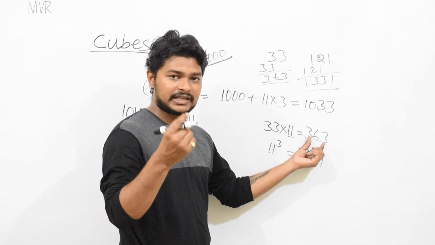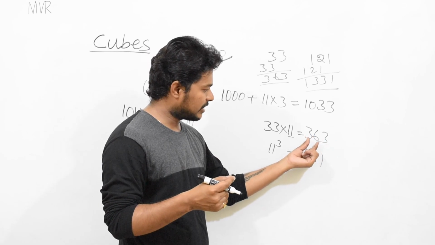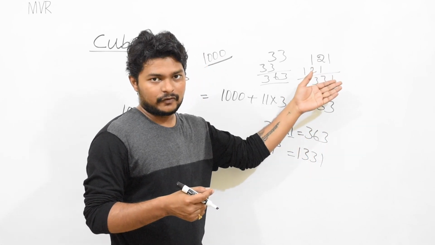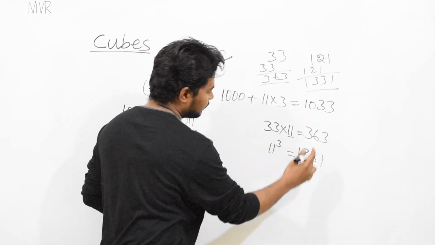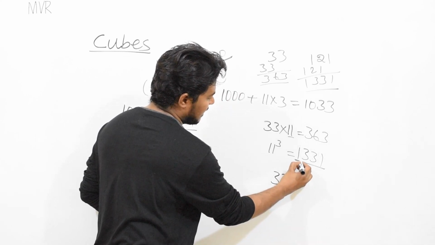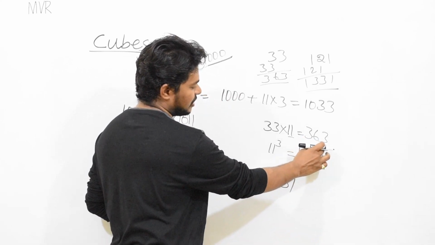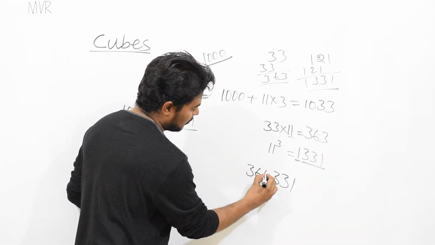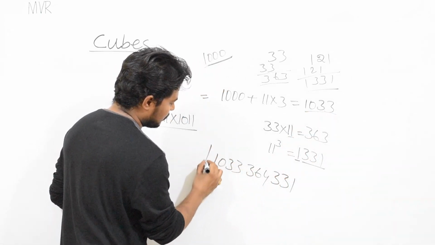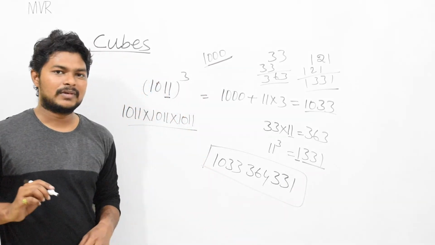If here also it is 3 digits, write as it is. If it is 4 digits, you take 1 and give it as carry to the first part. Okay. So write this 331 as it is. 331. This 1 as carry to here. So 1 plus 363 will become 364. And here 1033 as it is. So this will be the cube.